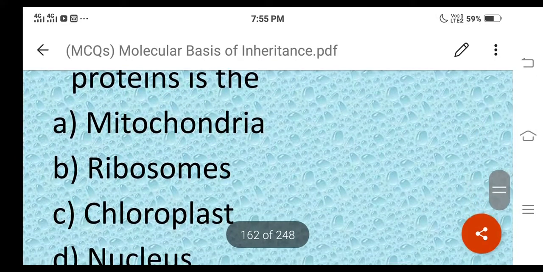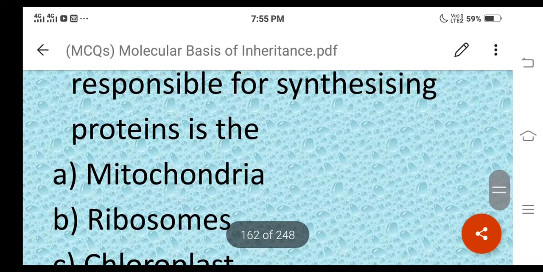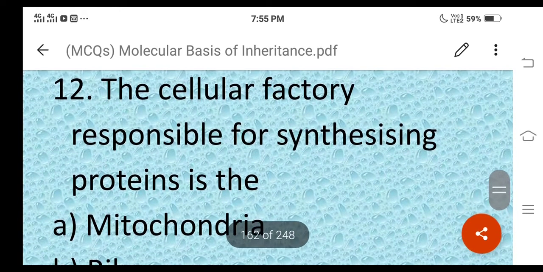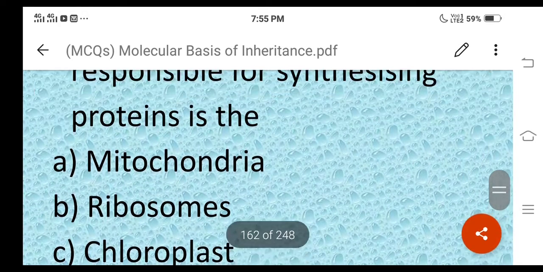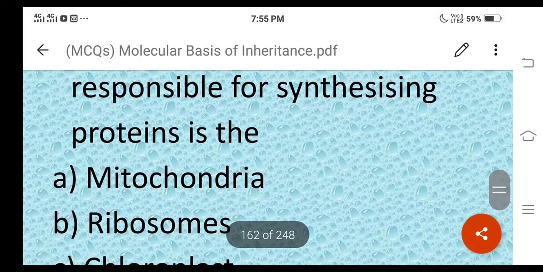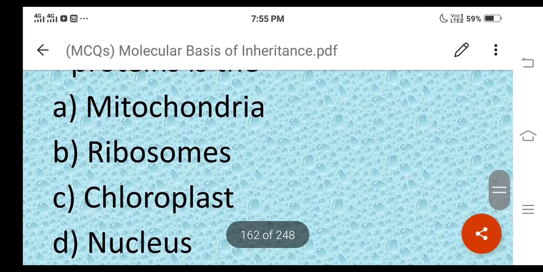You have already studied this in the chapter, and even while studying the cell organelles part. Ribosomes are commonly called the protein factories of the cell. So for question number 12, which will become correct here? Option B is the right answer.